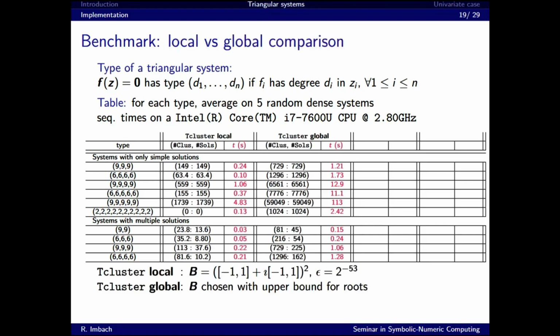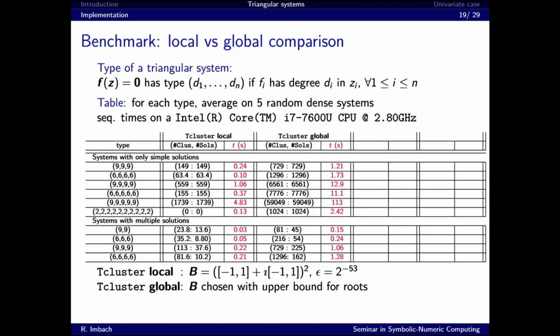First I applied two versions of Ccluster: a local version, where the region of interest is a small box that will contain only a small number of solutions, and a global version, where we set the box with an upper bound for roots of polynomials, so the initial box will contain all the roots of the systems.